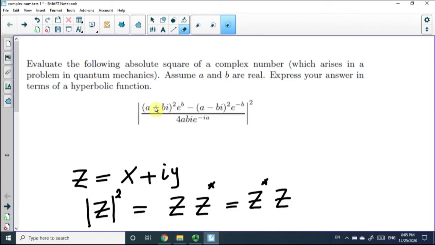Now, the expression looks a little bit complicated, but we can calculate the absolute square of this complex number easily if we notice a few things. This expression is a complex number divided by a complex number.